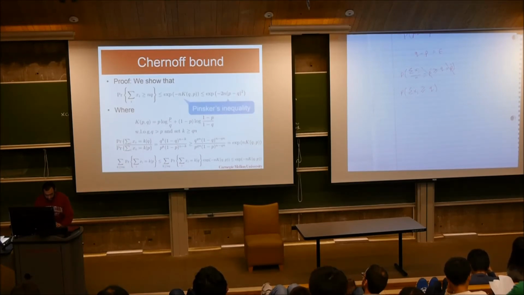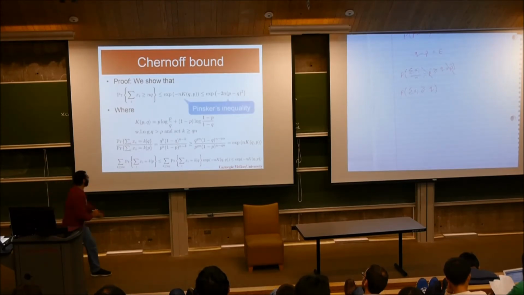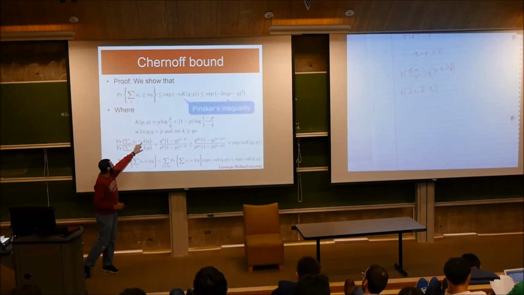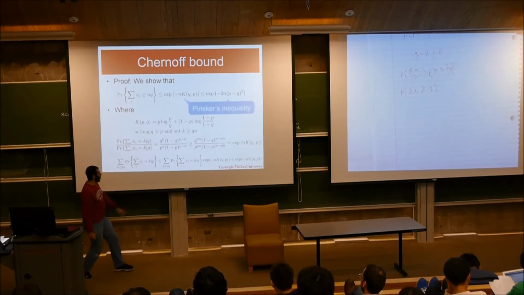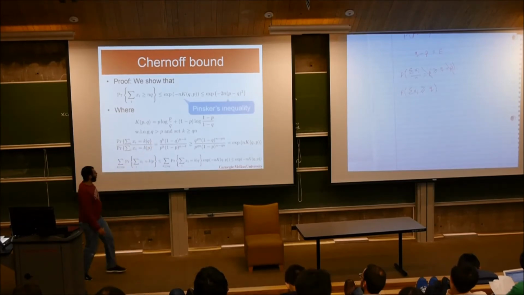We basically compute this ratio, and this ratio depends on Q for the upper one and P for the lower one. So this is the probability that you get exactly k successes out of n trials. This is a well-known formula.